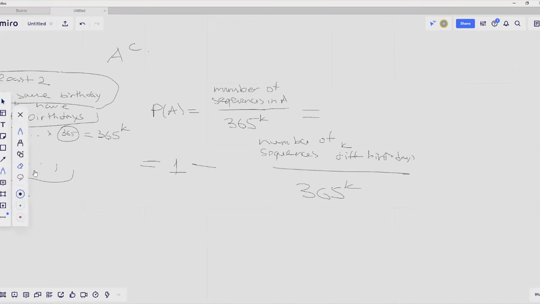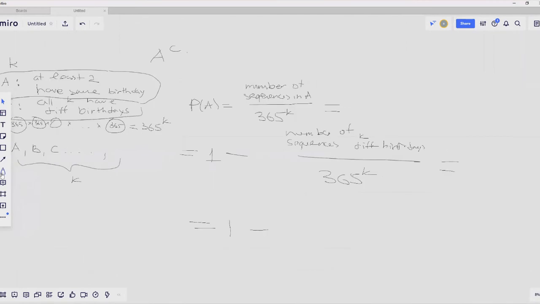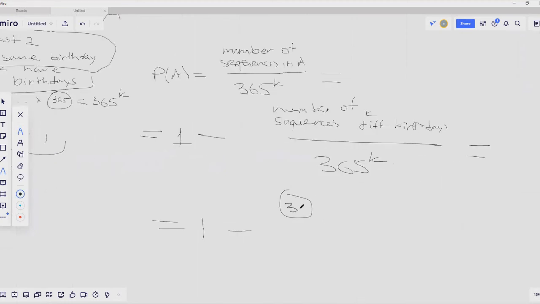Calculating that is much easier. This is simply a permutation of length k out of 365 elements. So we have 365 choices for the first person multiplied by 364 choices for the second person, since we cannot use the birthday that we used for the first person, and so on, multiplied by 365 minus k plus 1, divided by 365 to the power of k.